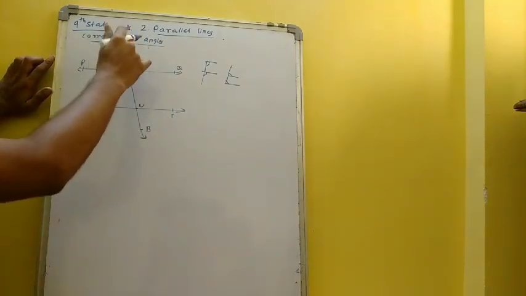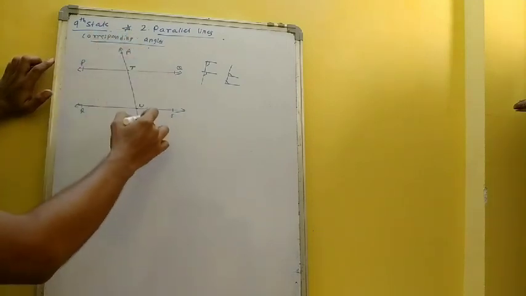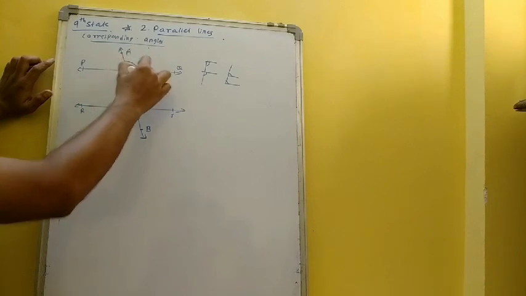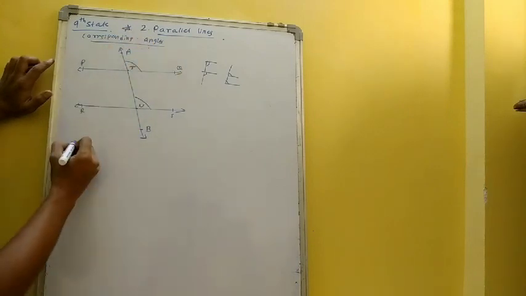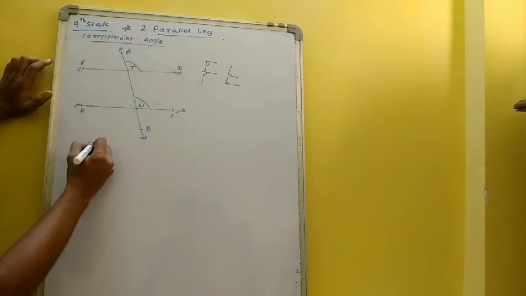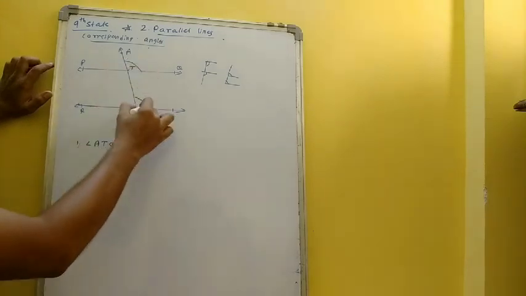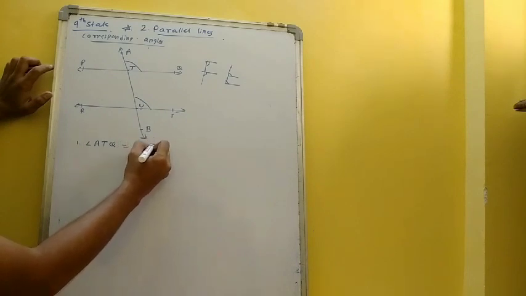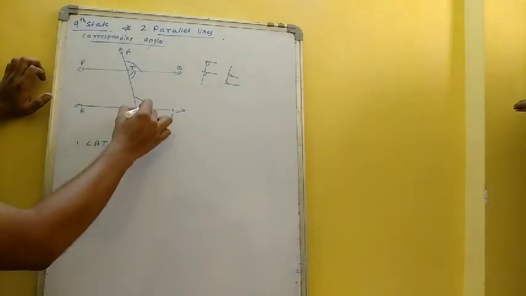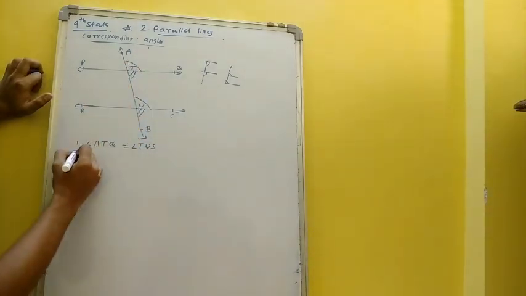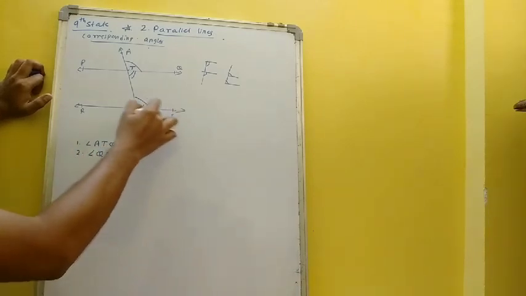When we are asked to name them, above the line we have two parallel lines and a transversal, and this angle and this angle are equal. It can be named angle ATQ is equal to angle TUS. Now below, angle QTU is equal to angle TUB.